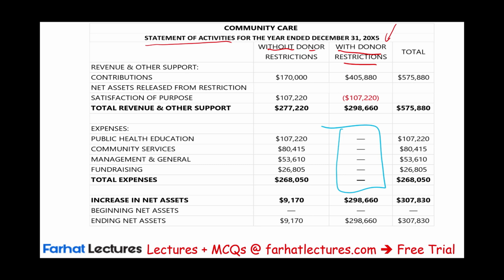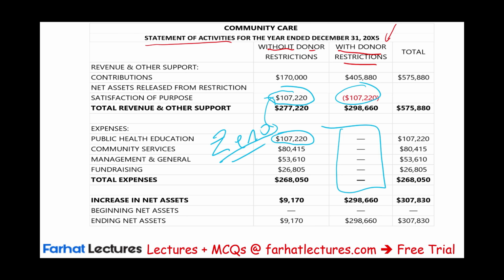And the other thing you have to know: what's the effect of this transfer on the without donor restriction column? The effect is 0. Why is the effect 0? Because as we included it as revenue, we immediately included it as expense. Once again, I kept revenues and expenses the same.